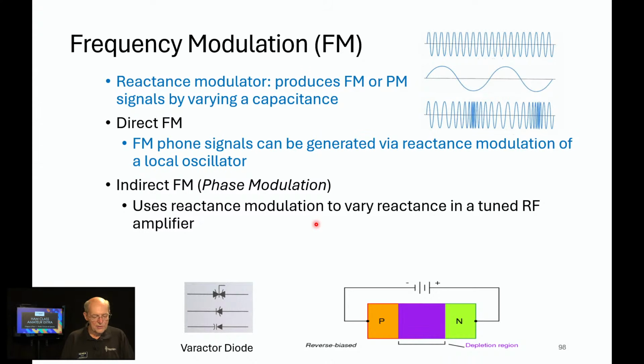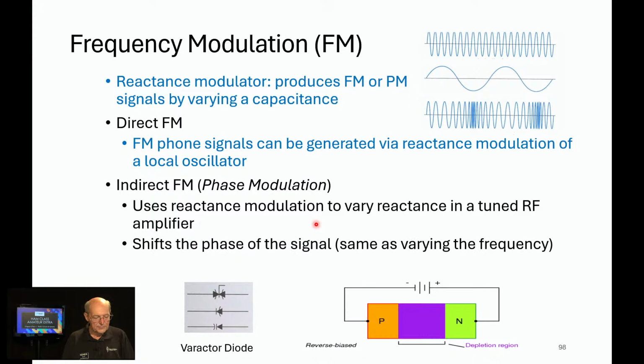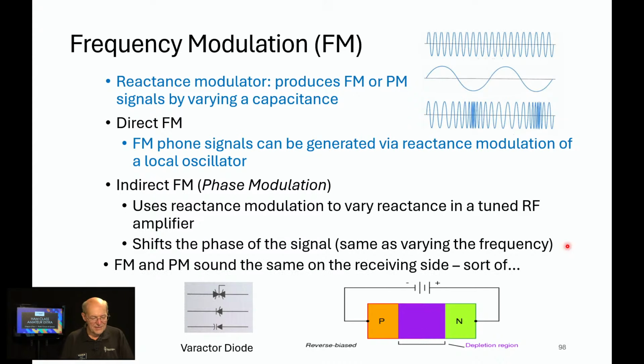They're actually changing the phase, which from the point of view of a received signal, seems like it's changing the frequency. So it shifts the phase of the signal, which on the received side is very similar to varying the frequency. The phase is changing, but the human ear can't really hear that. So FM and PM sound the same on the receiving side, and then I added these words, sort of.